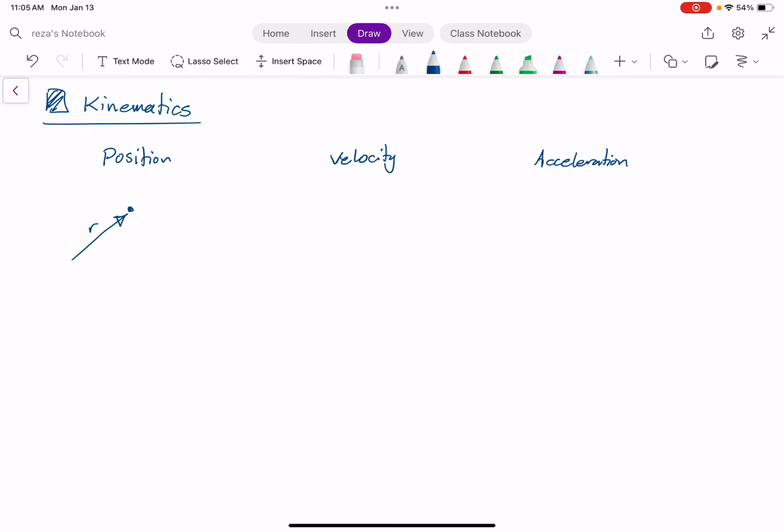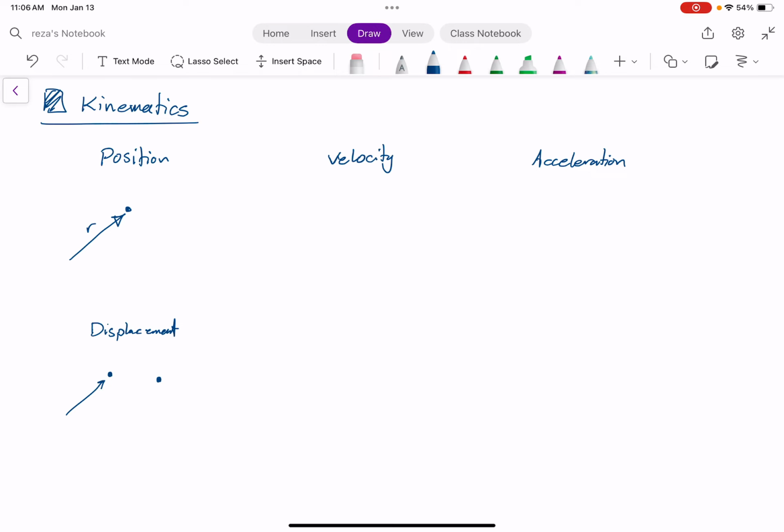Another thing you can define on top of position is the concept of displacement, which has a notion of time in it. So assume some time has passed. Before you were here, now you have come here.